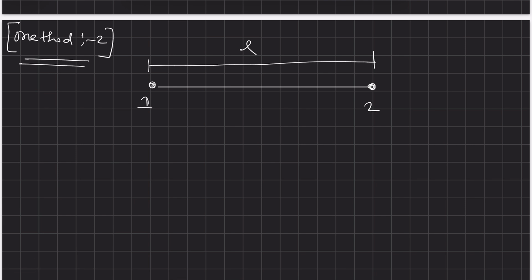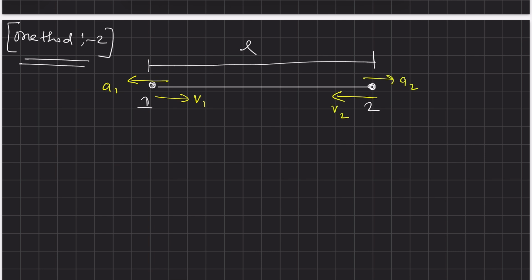So we want L to be maximum. This velocity is, let's say, v1, and this is a1, this is given to us. This is v2, and this is a2.